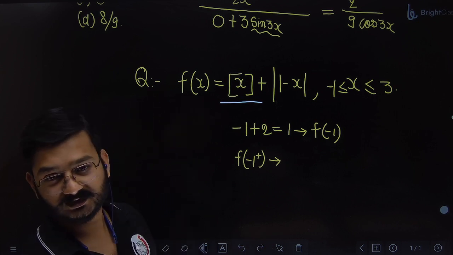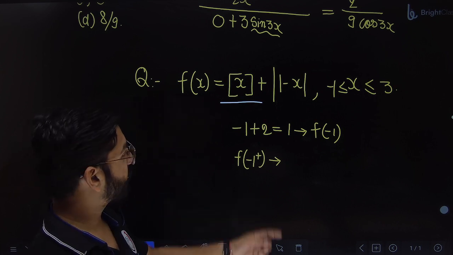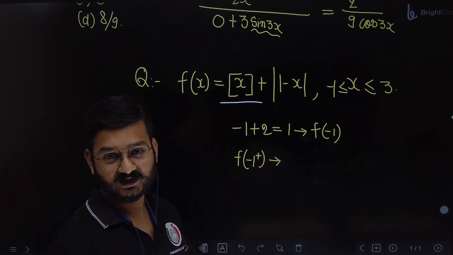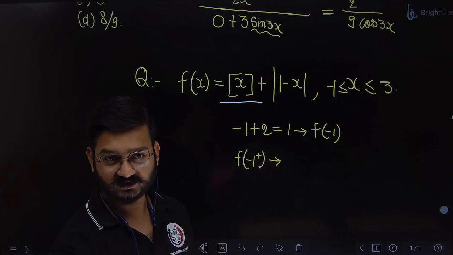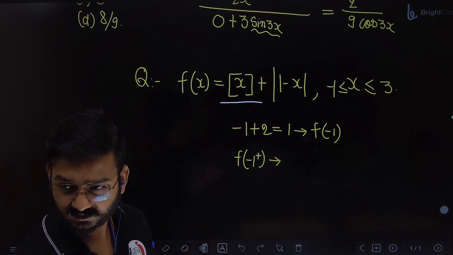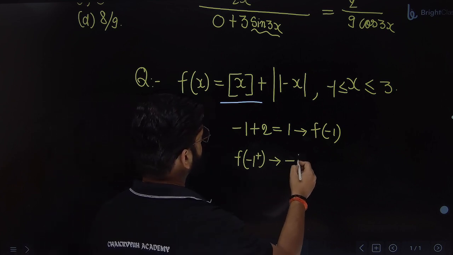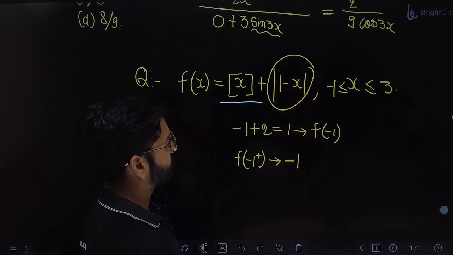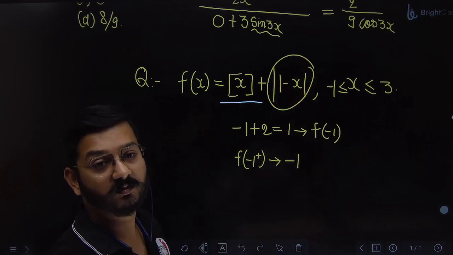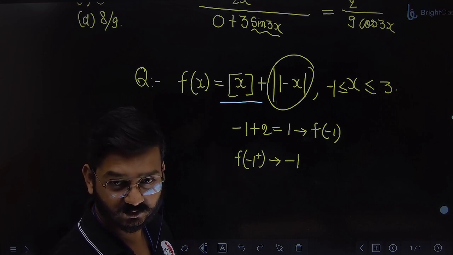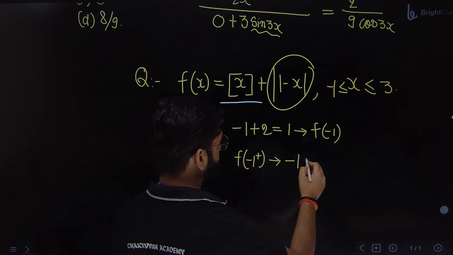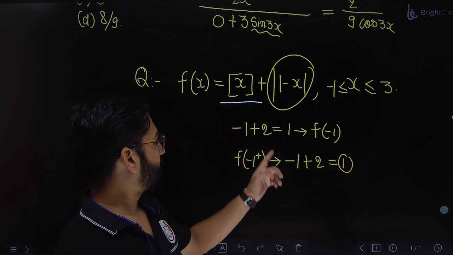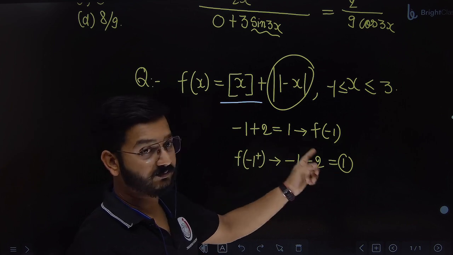So take any value which is greater than -1. What is the greatest integer of that? -1. And here, what will be the mod? Almost 2. Not exactly 2, but almost 2. So what is the answer? 1. So can you see that the value of the function and the right hand limit are both equal.